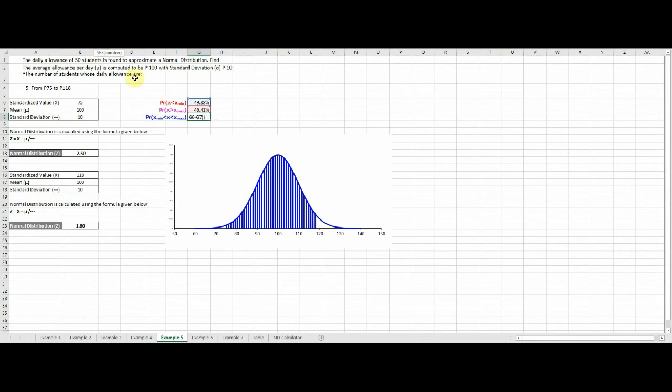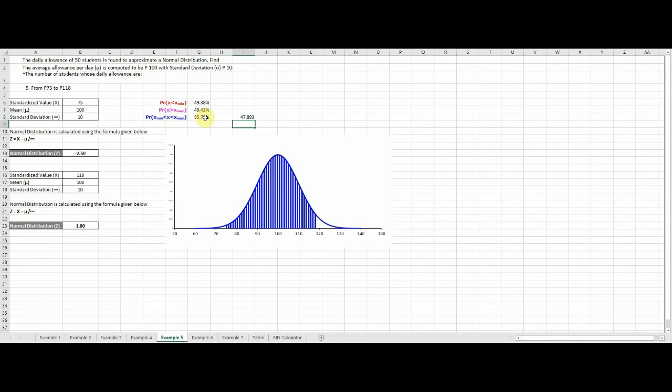So what are we going to do? We change this to addition. So we add the two probabilities. Therefore, the actual probability of a student having an allowance of 75 to 118 is 95.79%. Since we're dealing here with getting the actual number of students, we multiply the given probability by 50.